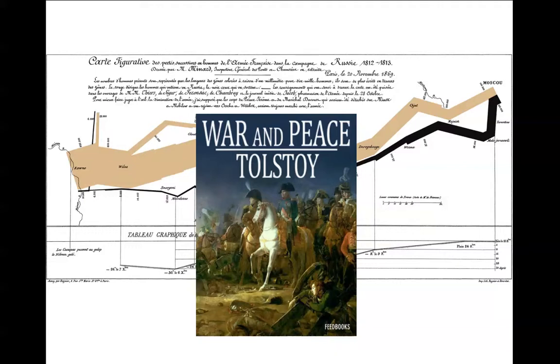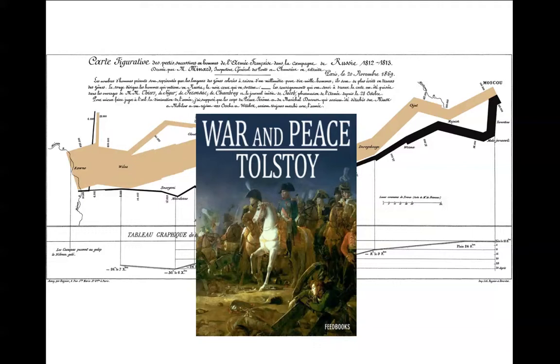So for all of you who may or may not know War and Peace, War and Peace was written by Tolstoy, a Russian author, and it's basically the story of Napoleon's invasion into Russia and the wars that go on with it. It's an amazing book, great description. I highly recommend it. I've read it before.